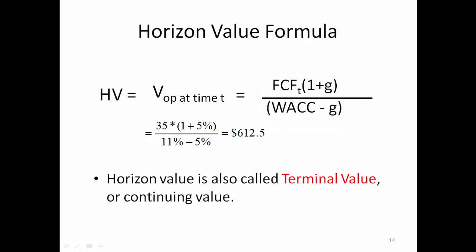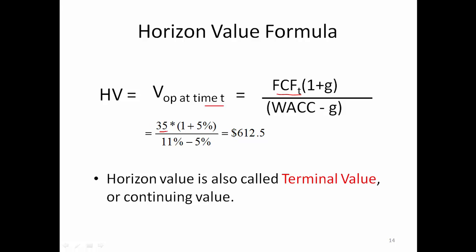What we do is we look at the constant growth model and we try to estimate the value of operations at time t, or say time 3 in this case. That is the free cash flow amount in year 3 multiplied by 1 plus g, because free cash flows are assumed to grow at a constant rate of g after year 3, and then divided by r minus g.